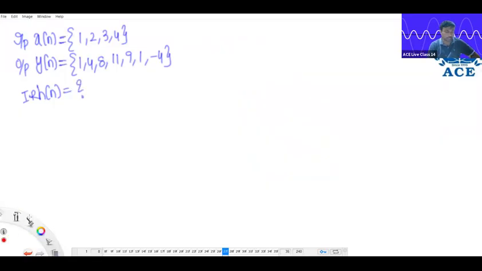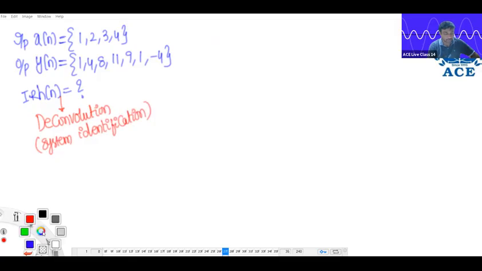By knowing the input and output, getting the system is called deconvolution. We are undoing the operation of convolution. So the name deconvolution is also called system identification.